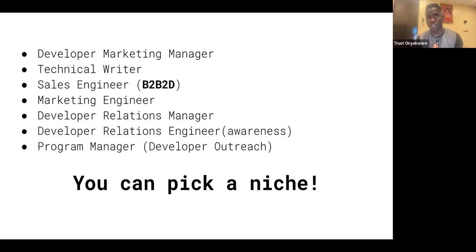You can pick a niche. Picking a niche here means not just about the career role itself, but the technology you want to market, right? Because you know that the tech space is broad. Even the developer space too is broad, right? So even the developer tech space is also broad. We have Android, iOS, we have Linux, we have cybersecurity, we have blockchain.